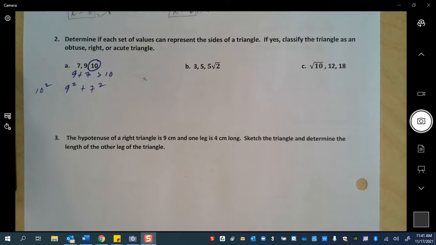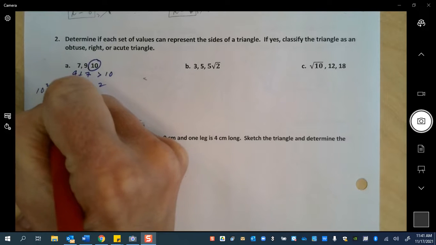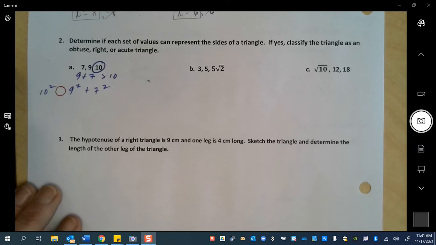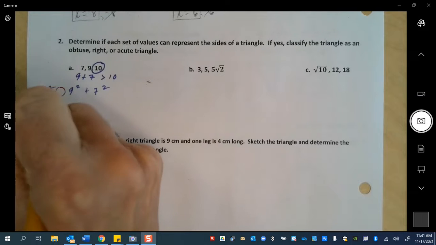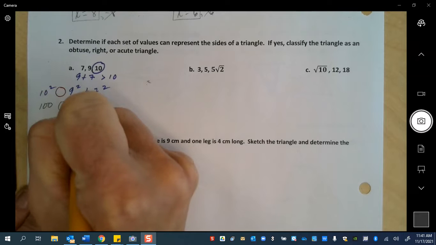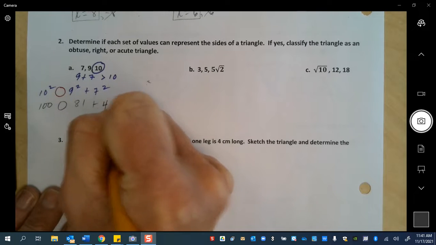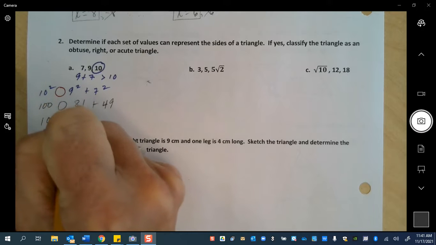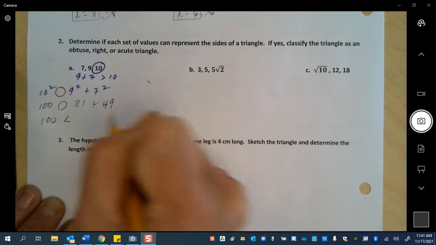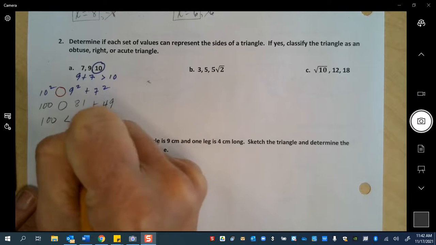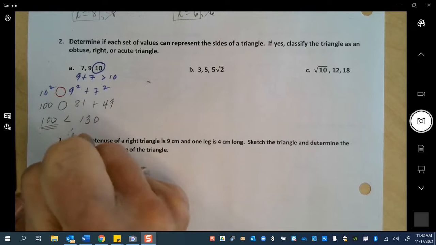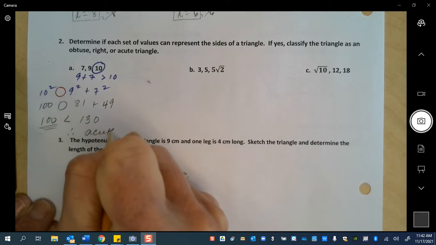So I know that this is 100. How does that compare to 81 plus 49? So 100 I know is less than, because 81 plus 49, correct me if I'm wrong, 130? So because this is smaller, therefore my triangle is an acute triangle.